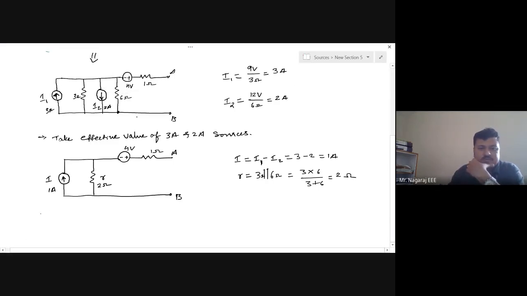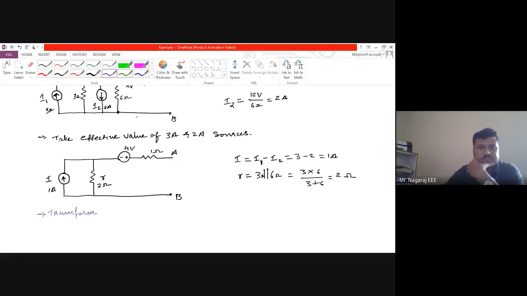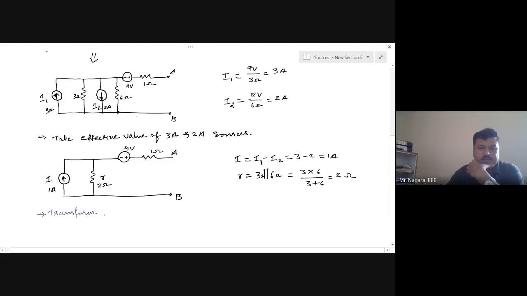It's a transform. Transform 1 amp, 2 ohms into a voltage source.